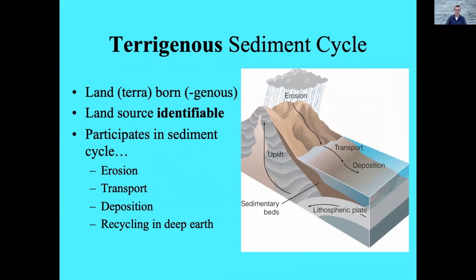So terrigenous sediments are part of a very slow but important cycle. This cycle, the weathering of sediments and transport back into the ocean, is one of the large cycles that helps to regulate climate. We'll talk a bit more about that in the climate section.